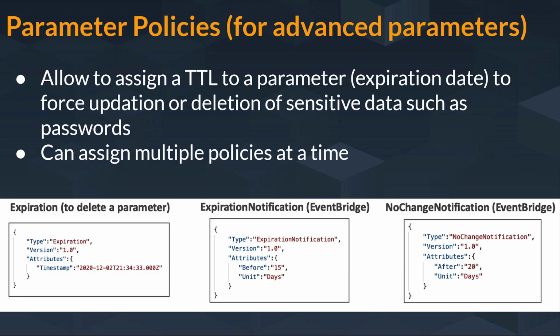That will be notified to you through EventBridge. And no change notification: suppose you are not updating anything in your password or parameter policy, then you will get a no change notification, telling you that you haven't changed anything. And this is one attribute, like after 20 days, you will be notified.